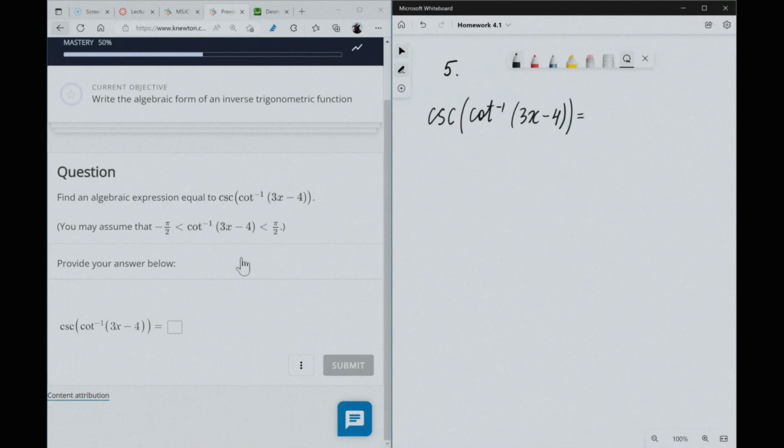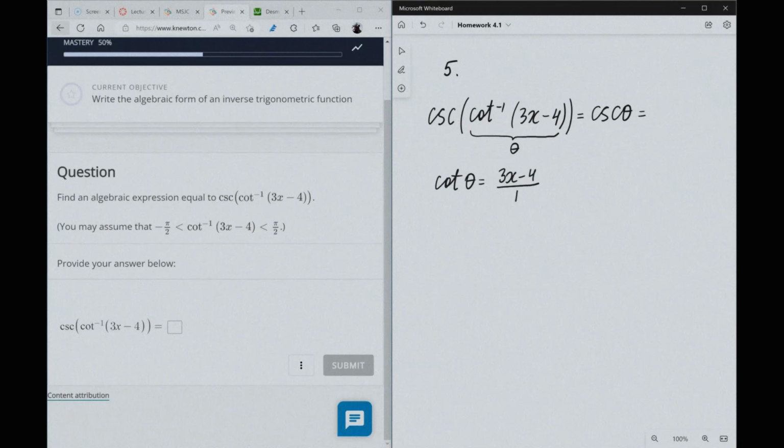And the first step is to introduce angle theta, so that the problem is now very simple. It's cosecant of theta. But what is theta? Theta is a value whose cotangent is equal to 3x minus 4. And I'm going to write it over 1.